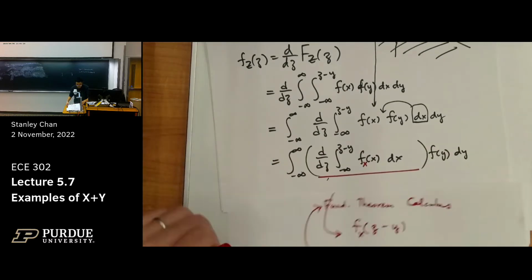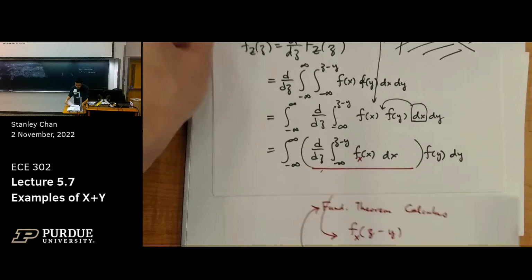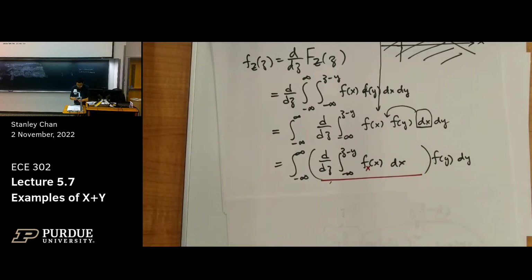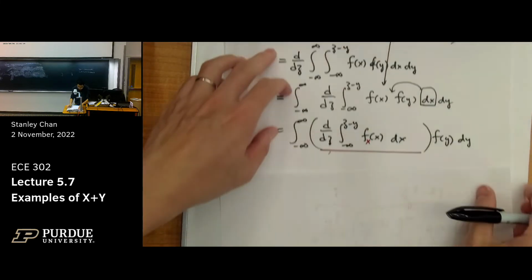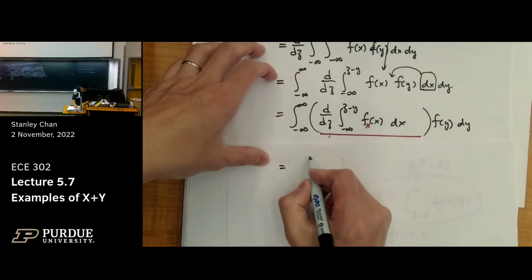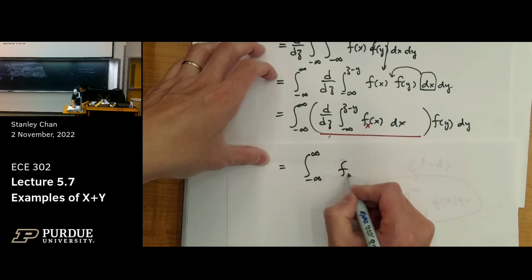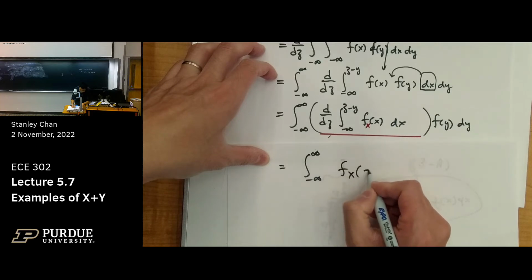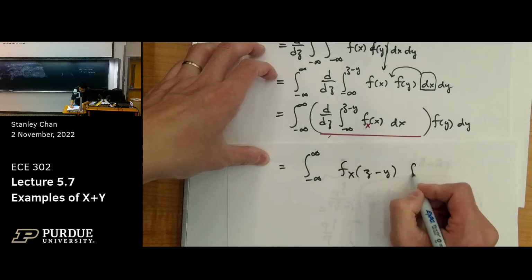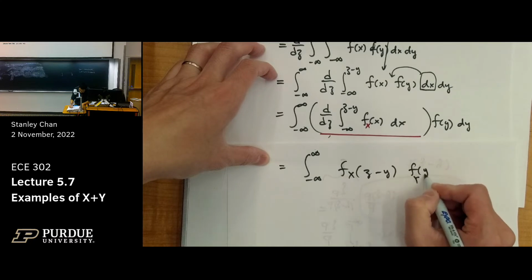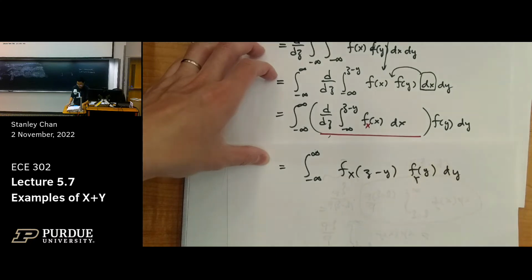Okay, so now once we have this result, then we can continue with the calculation here. The calculation will give me equals to the integration from minus infinity to infinity of this fx, here is z minus y, and then fy of y dy.